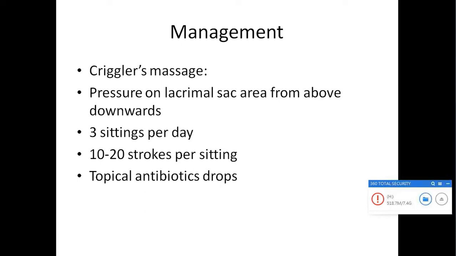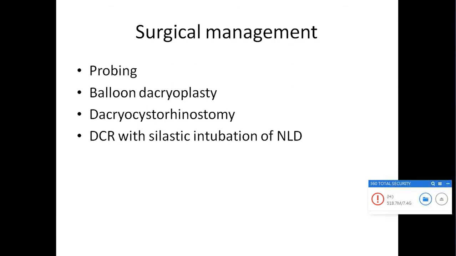Considerable pressure has to be put on the lacrimal sac area, and after the massage, she should instill antibiotic drops.